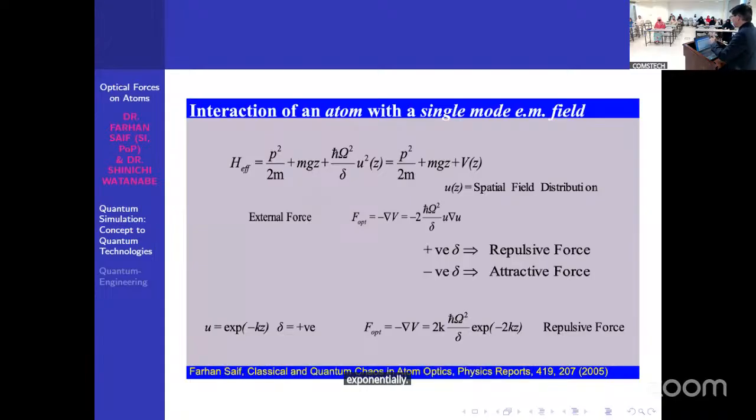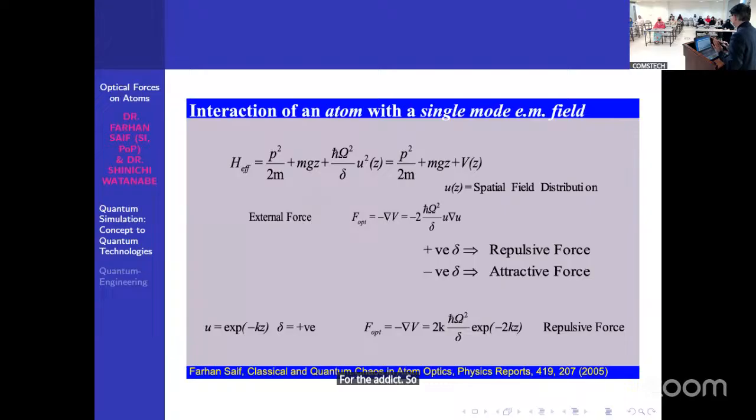So this exponential decay of the field presents the U function as exponential of minus kz, where z is the vertical direction. So this makes the force an exponentially decaying force. The atom is coming towards the surface and is going to see an increasing repulsive force. So it makes a mirror for the atom.